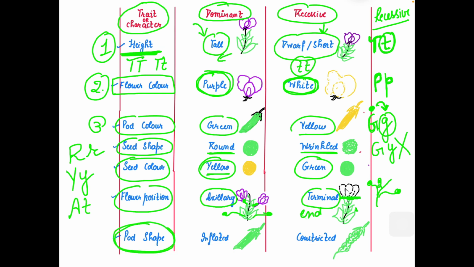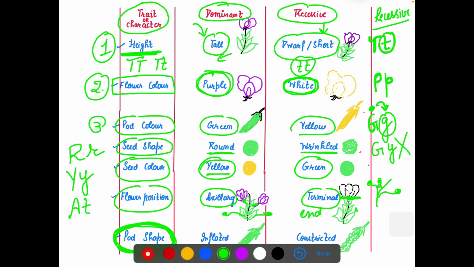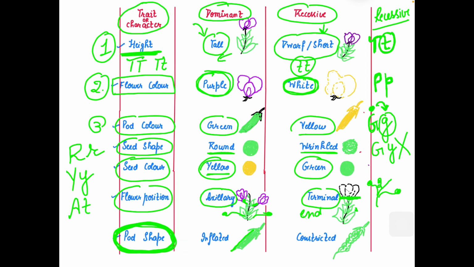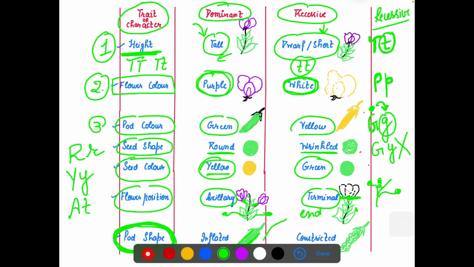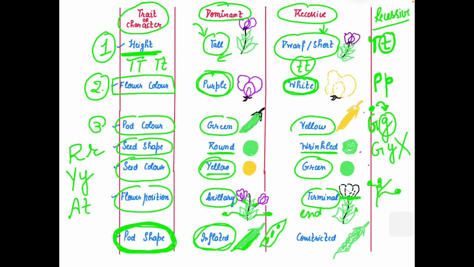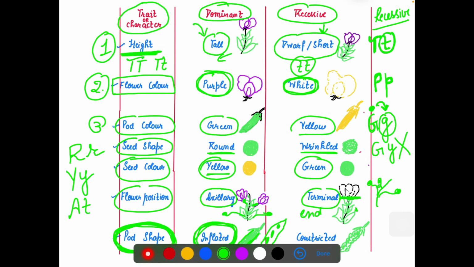Pod shape. Usually the healthy pea pods, क्या होते हैं, those in which seeds are present inside, right? If this is a pod, inside it seeds are present. Mostly these seed pods are inflated, फूला होना, right? बहुत कम होते हैं जो पिचके हुए होते हैं.